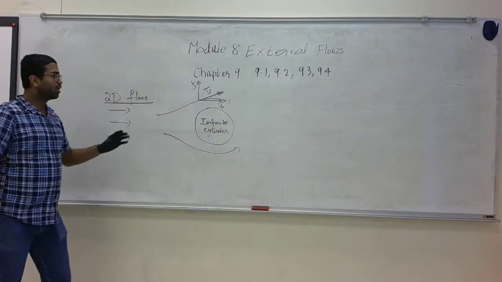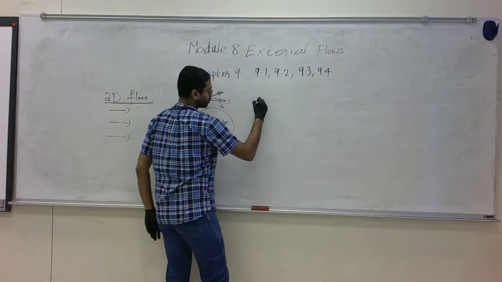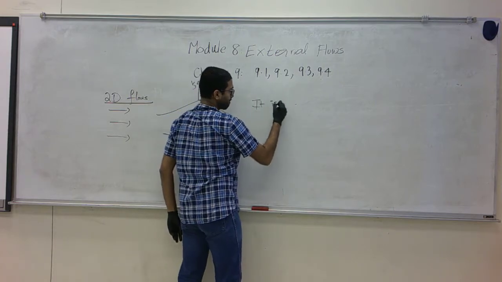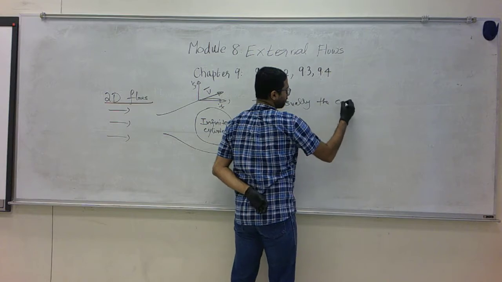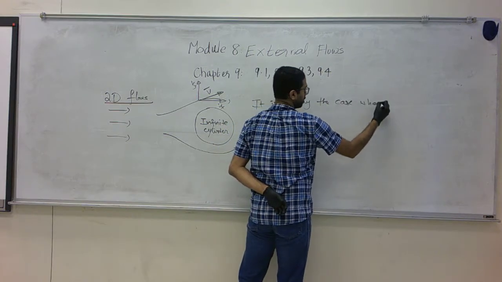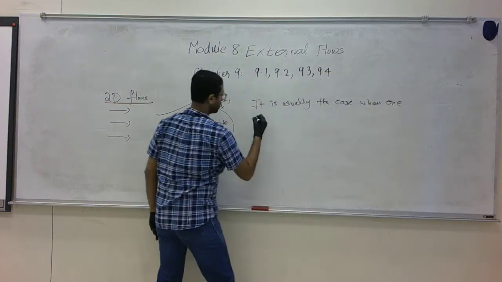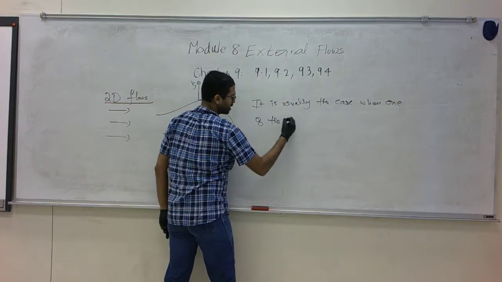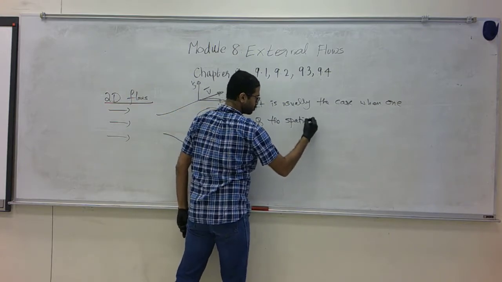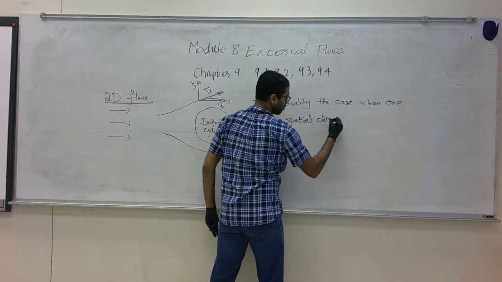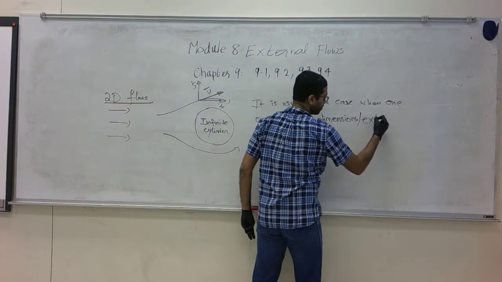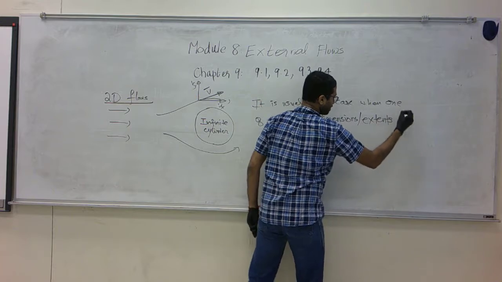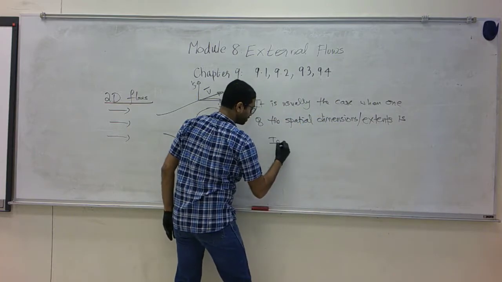Such a flow is usually the case when one of the spatial dimensions or spatial extents is infinite.